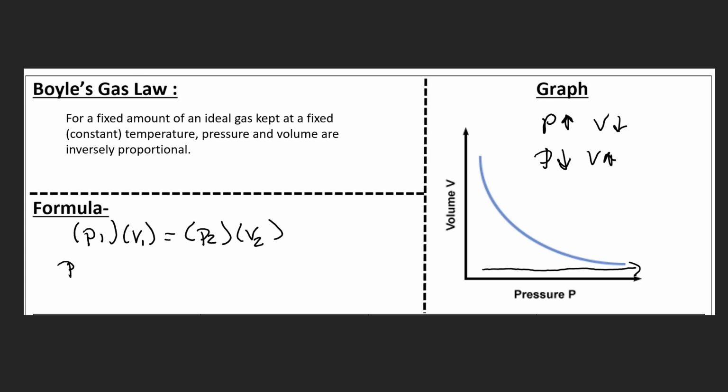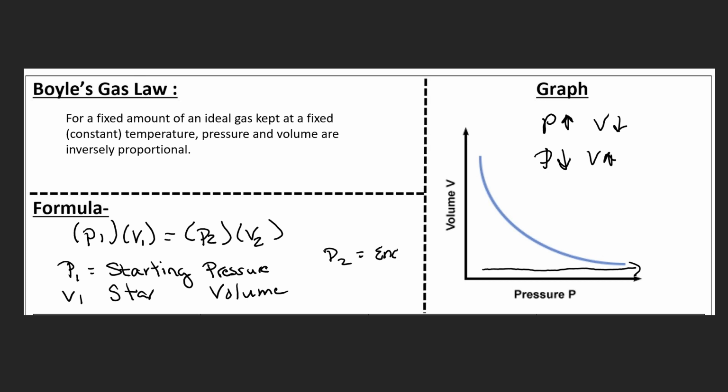So P1 is our starting pressure, V1 is our starting volume, P2 is our ending pressure, and V2 is our ending volume.